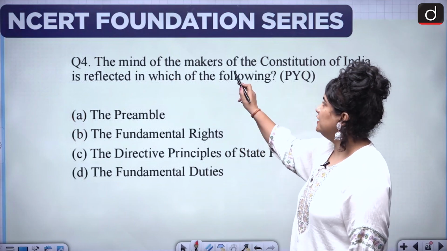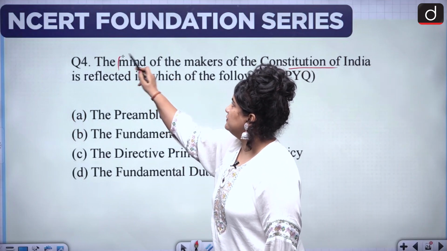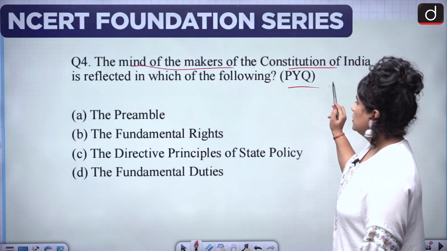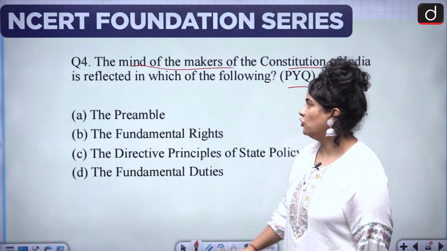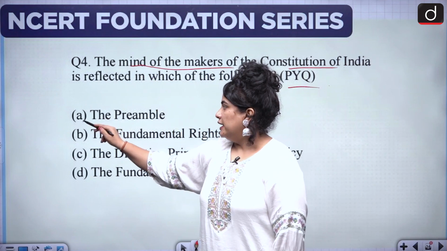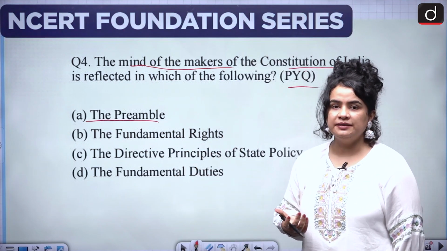Question 4. The mind of the makers of the Constitution of India is reflected in which of the following? Again, this is also a PYQ. Now it talks about the mind of the makers of the Constitution. The option first says the Preamble. Now what is the Preamble?